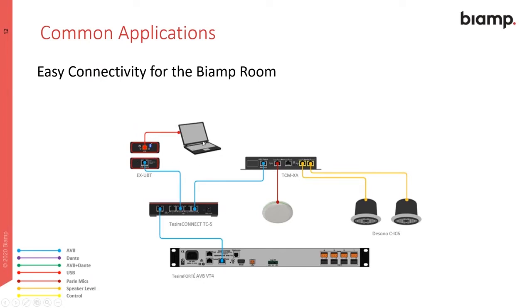You can just connect the USB port to your laptop and connect everything into the TesiraCONNECT 5, and you can have the connectivity from the AVB port of the VT4, and you will have a full system. As you can see, all the blue lines are AVB. So all the AVB ports will be connected to the TesiraCONNECT 5.